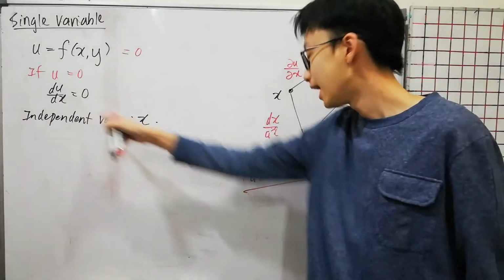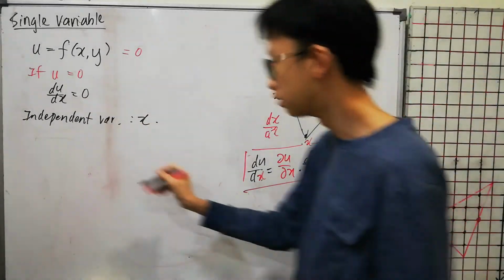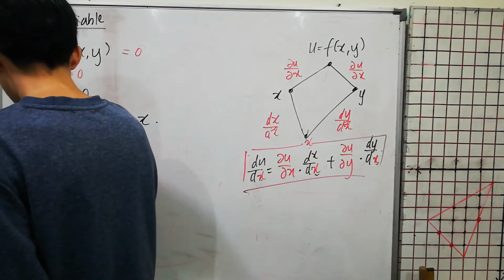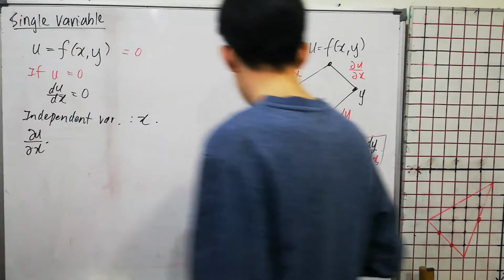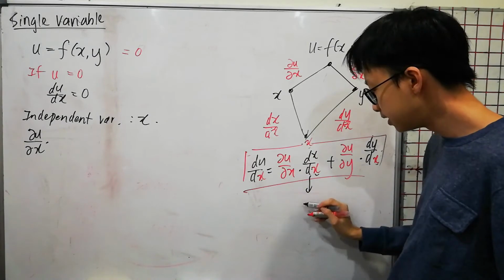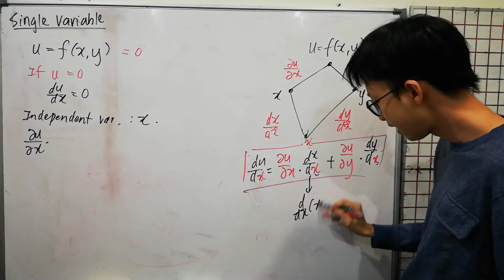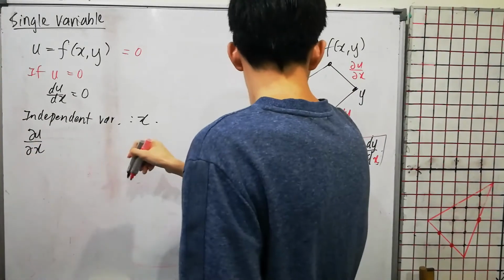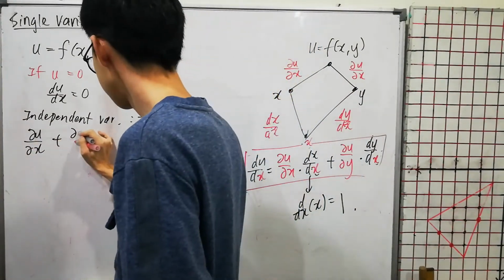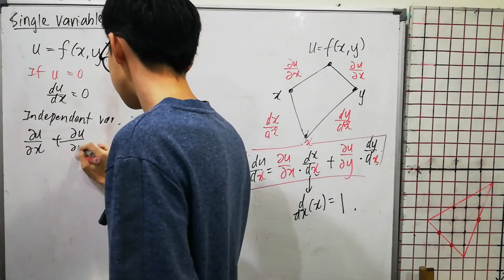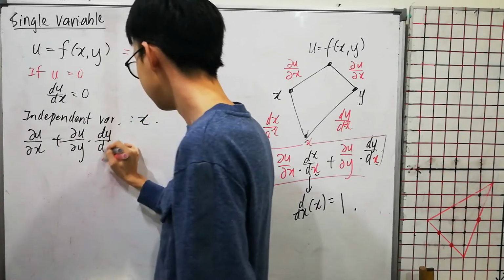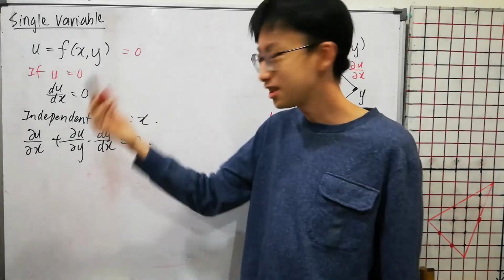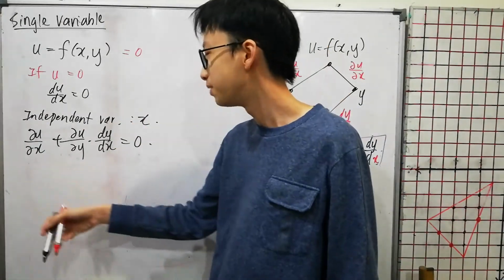So du dx, which is the whole thing here, let me copy it here, will be partial u partial x times dx of x, which is equal to 1. So we multiply by 1, very important, plus partial u partial y times dy dx equals 0. And this is what we have at the beginning, isn't it? Now this is still very complicated, right?